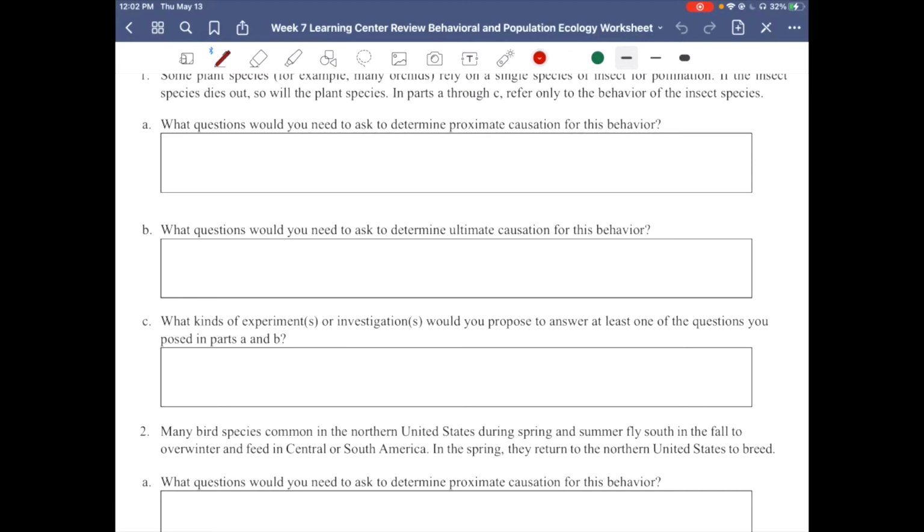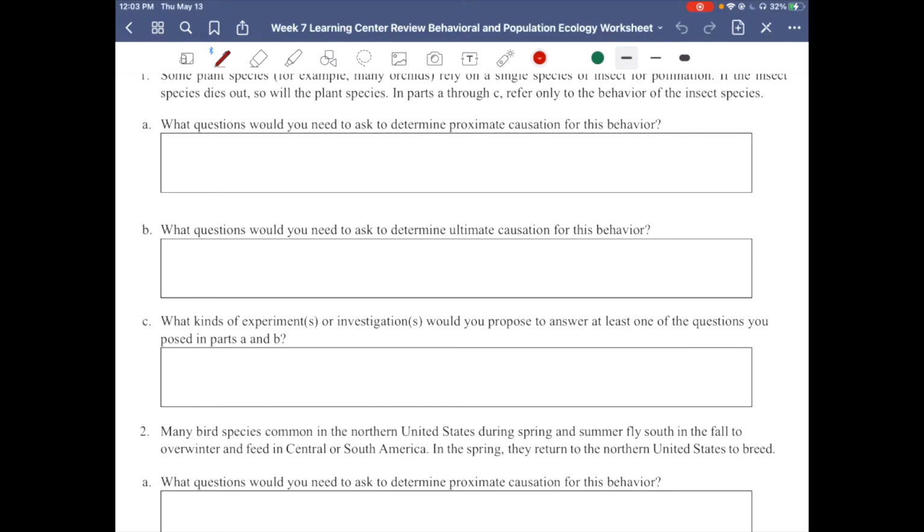Yeah, so I kind of see that with the ultimate causes. What you've described reminds me of ultimate causes because we look at that in terms of evolution, like how and why the behavior came to be. And then the proximate cause would be what mechanisms enable that organism to be able to exhibit that behavior. So the main thing I would remember is ultimate, think of in terms of evolution, and proximate, think of in terms of mechanisms that allow for an animal to behave in a certain way.